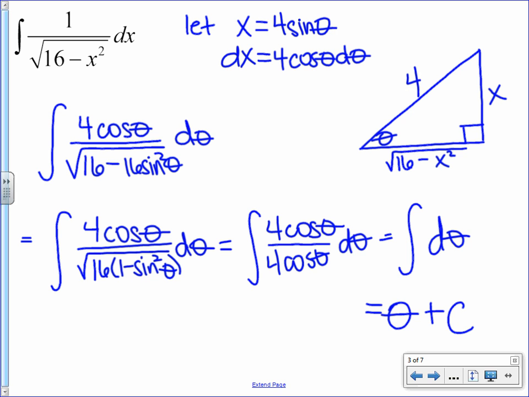Okay. We started out with an integral with respect to x. Our answer needs to be in terms of x. So here is theta. How do I write theta? Okay. Well, we know that x is 4 sine of theta, right?